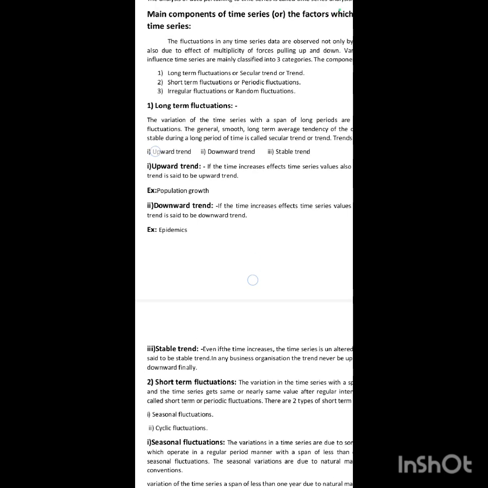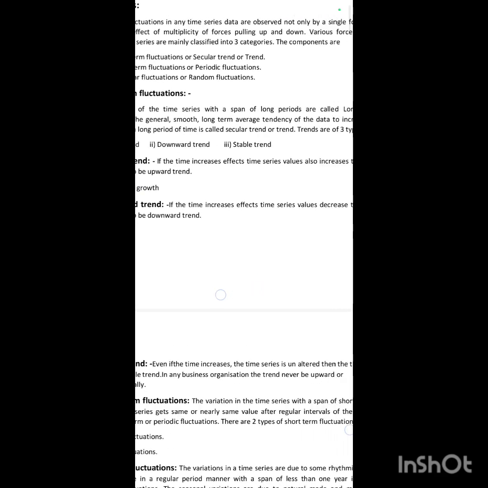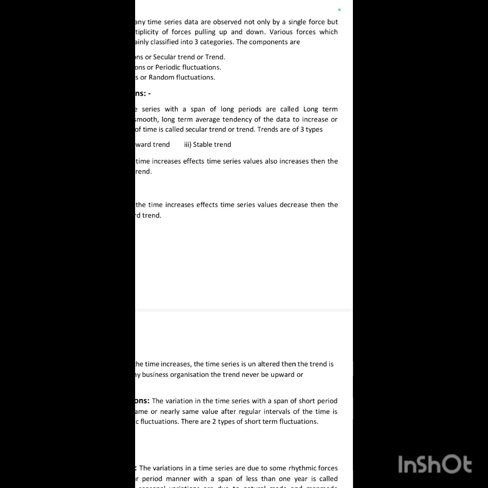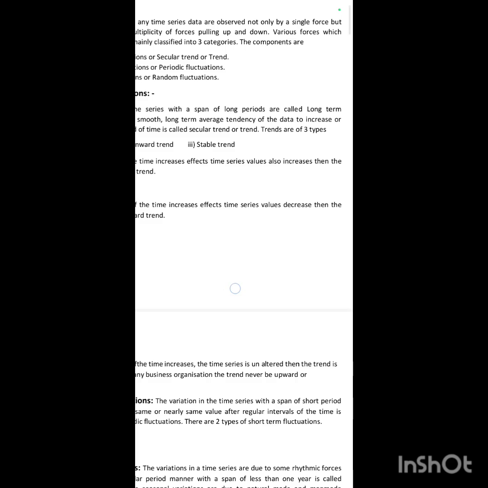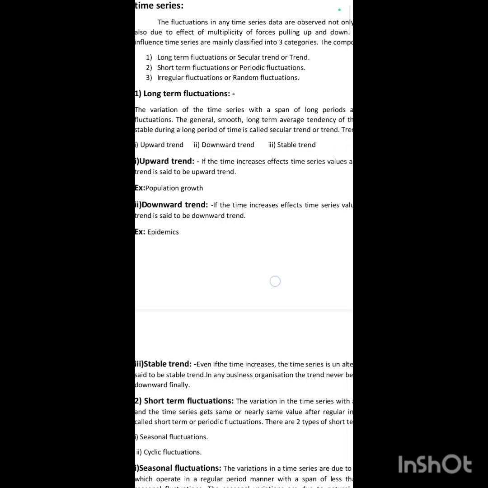First of all we have to look at the long term fluctuations, which we call the secular trend or trend. The variation of the time series over a span of long periods is called long term fluctuations.